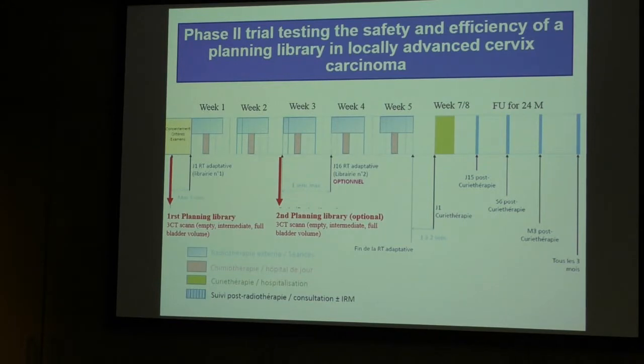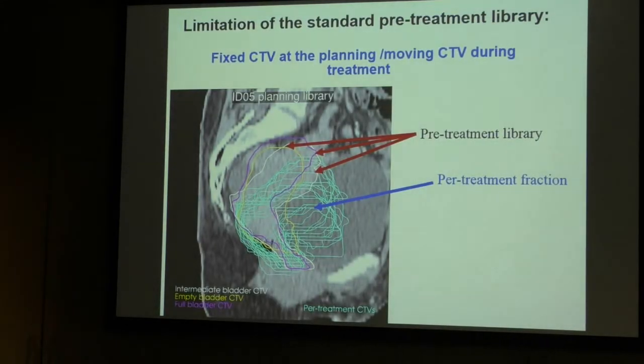You have to combine both a pre-planning library and a replanning, in theory. However, what was found also is that you have some patients who have a fixed uterus due to the tumor, whatever the bladder filling. So your pre-treatment planning library will not work.